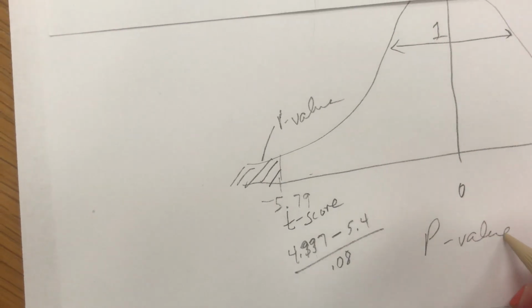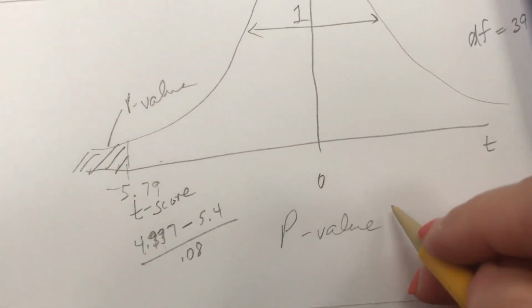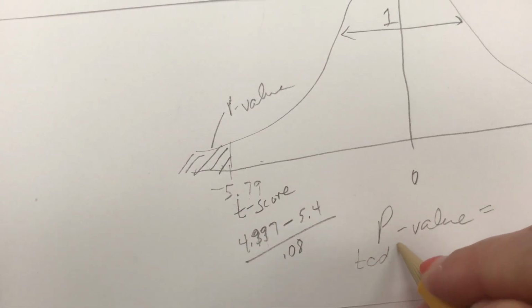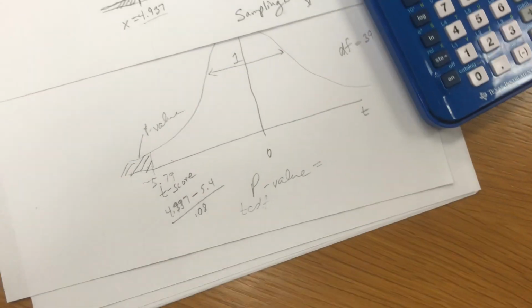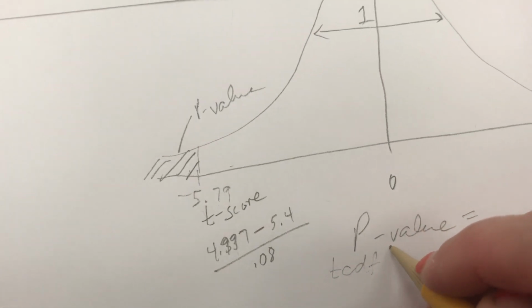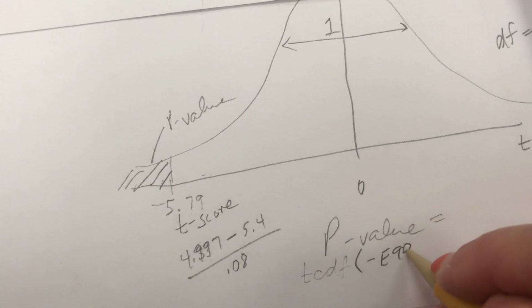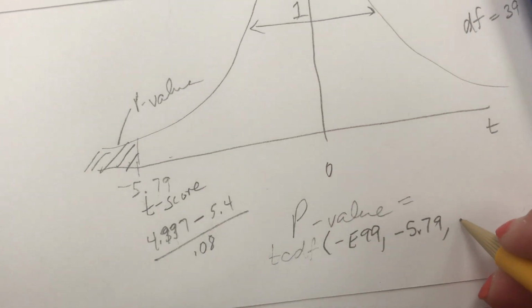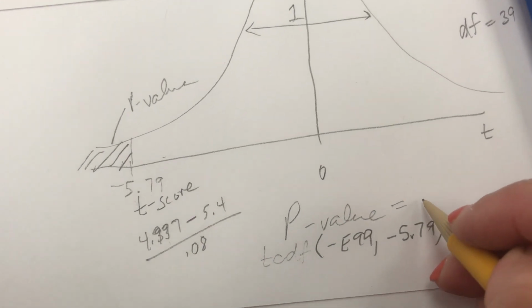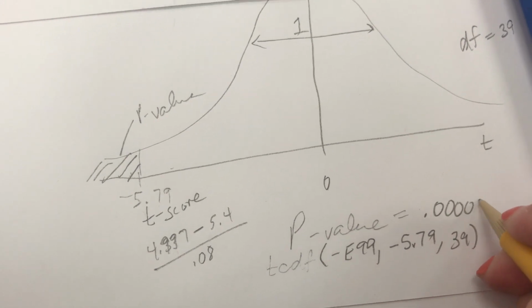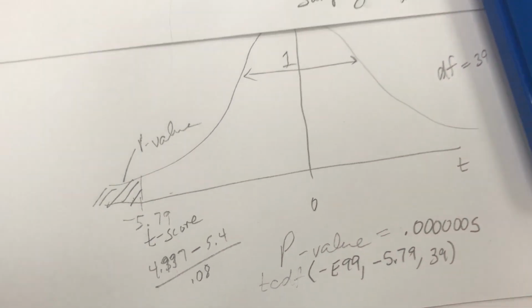This area, this p-value, that area underneath the curve, using tcdf. I used negative E to the 99 as the lower bound, negative 5.79 as the upper, and the degrees of freedom of 39. It gave me 0.000005.